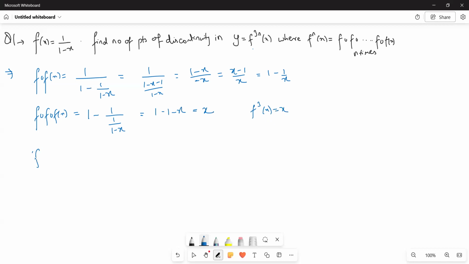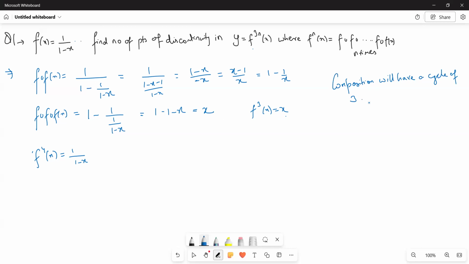And then in that case, when we do f of 4x, it would again start with 1 by 1 minus x. So at 4, 5 and 6, it will again return to x. So the composition will have a cycle of 3.